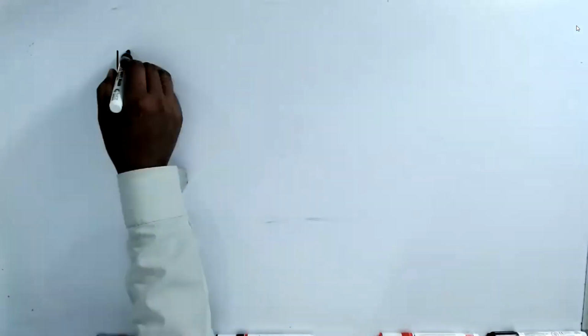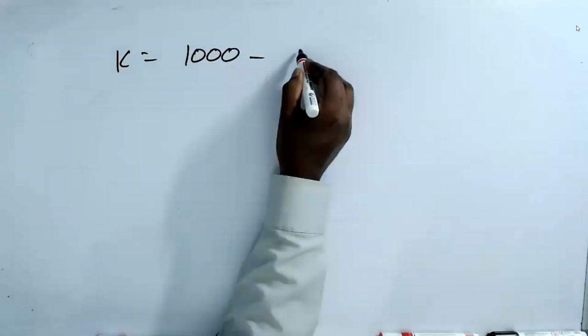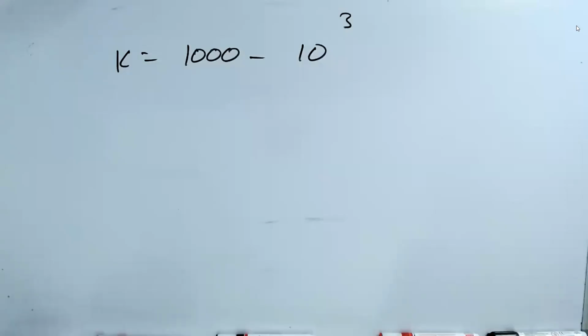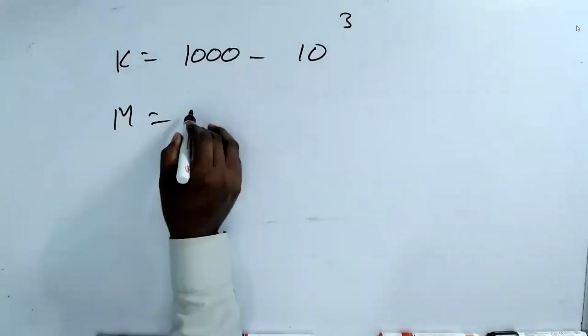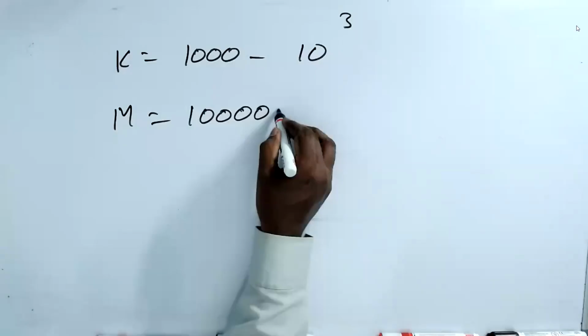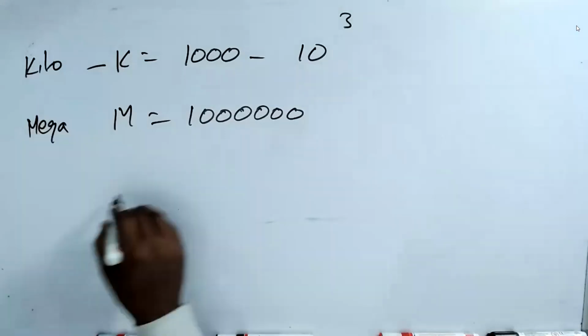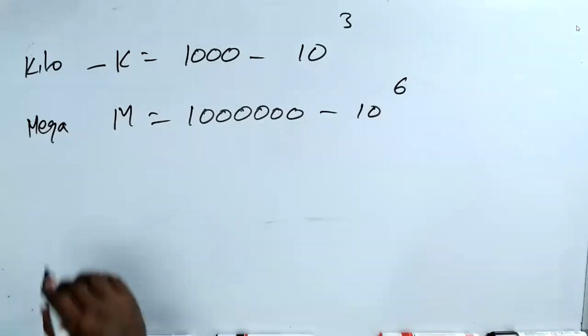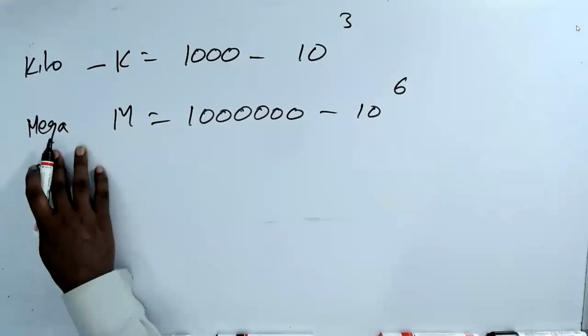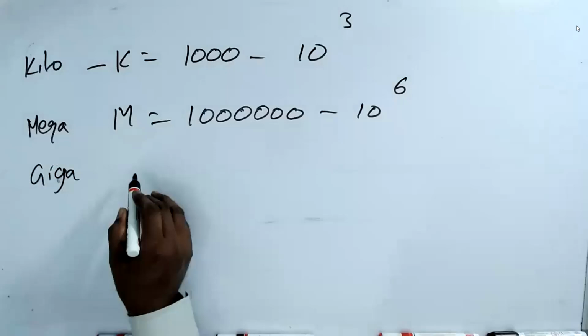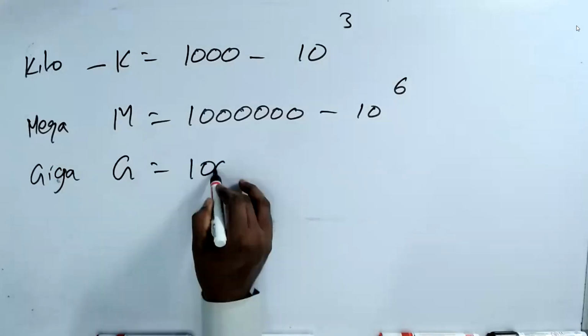Let me tell you one thing. K is 1000, 10 power 3. Mega is 1 million, 10 power 6. Then giga is G, 1 followed by 9 zeros, 10 power 9.